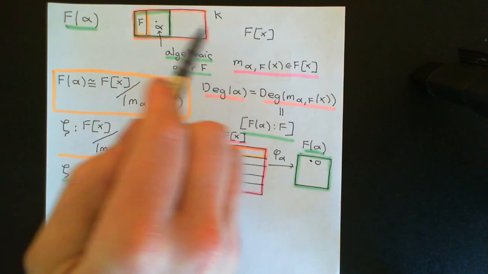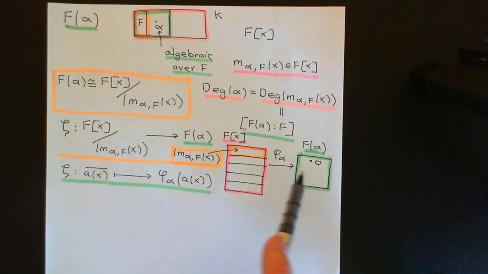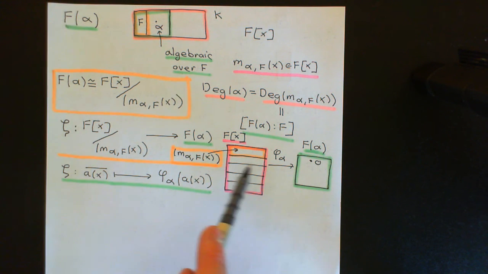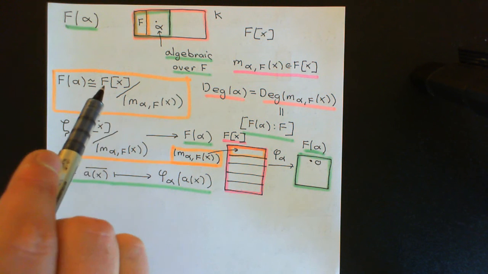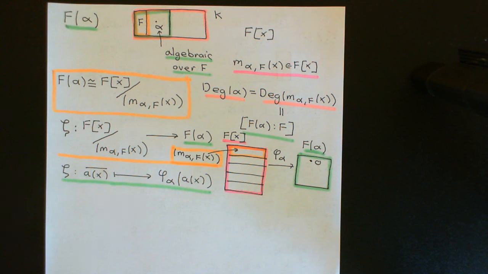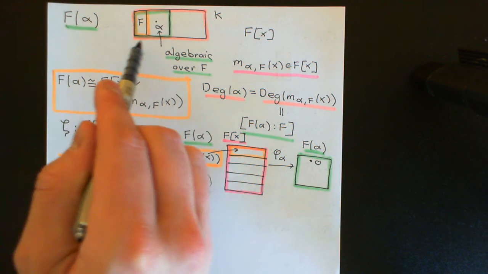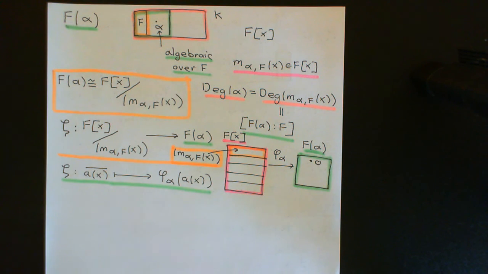Okay, and we know that it will indeed be a subfield because of the fact that we have established this isomorphic correspondence here with another structure that we already know is a field. Okay, so because this is in isomorphic correspondence with something that is a field, we know that that must also be a field structure.